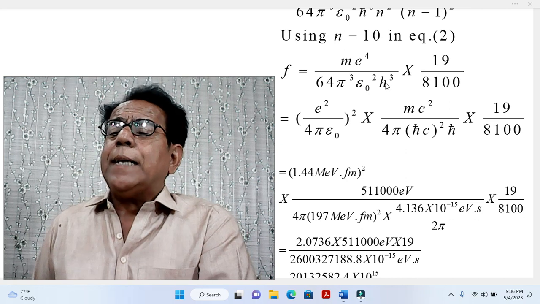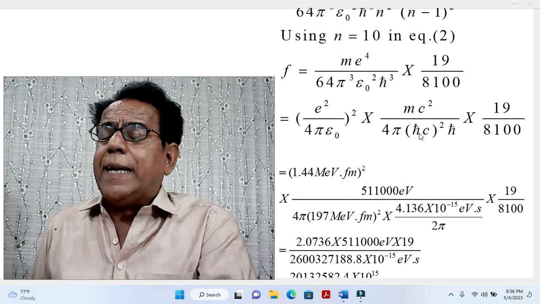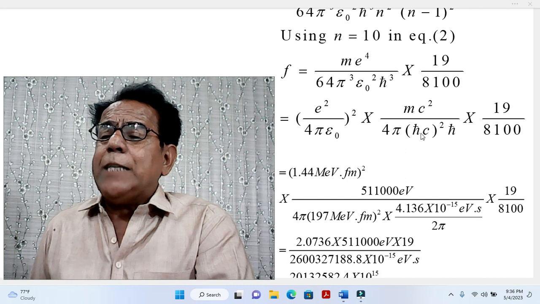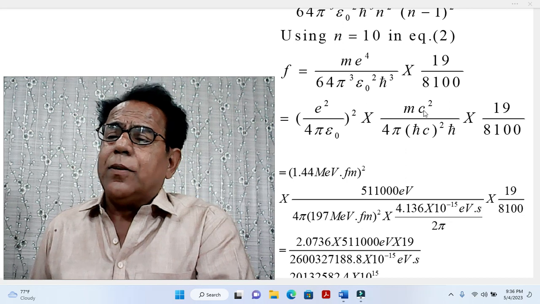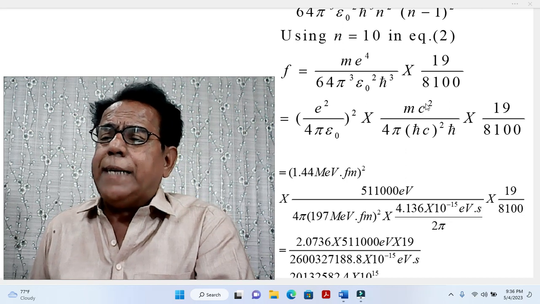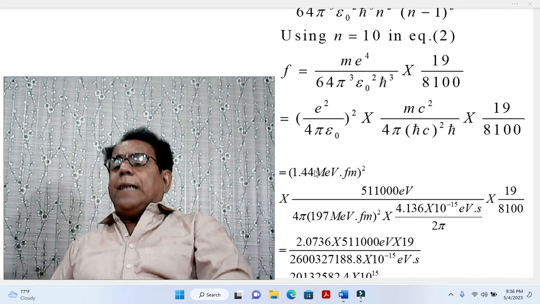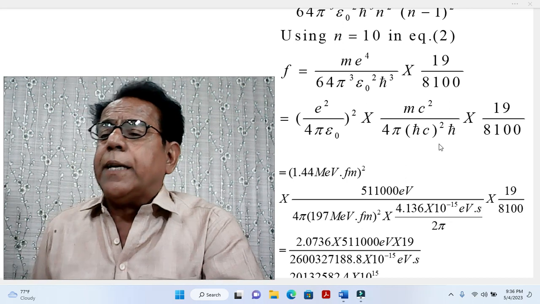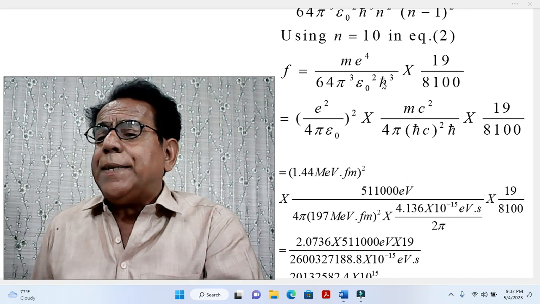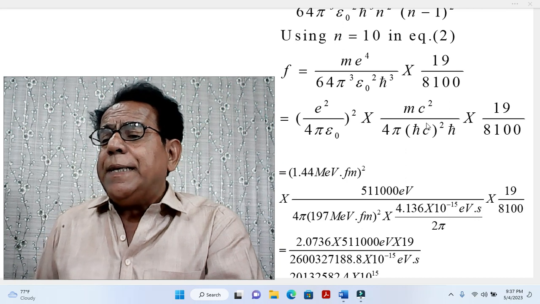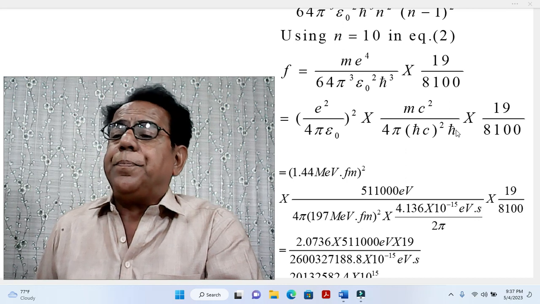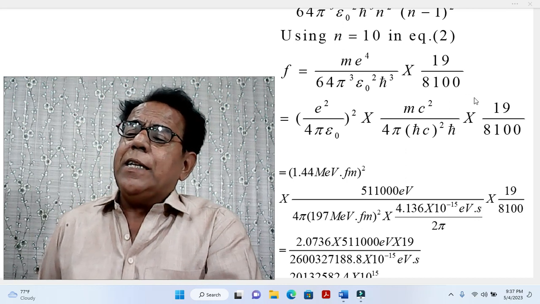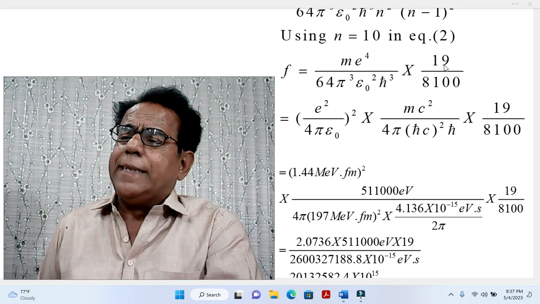Out of h cut cubed, h cut squared has been deducted and combined with this c squared, which has been used as an arrangement. It is multiplied as well as divided by c squared, and hence h cut c whole squared. And because it is h cut cubed, in addition to this h cut c squared, one h cut still remains, exactly as it already exists.